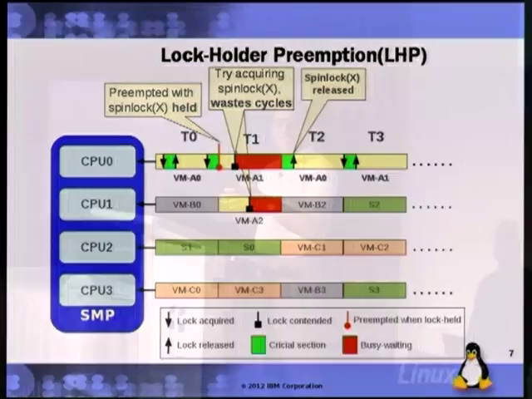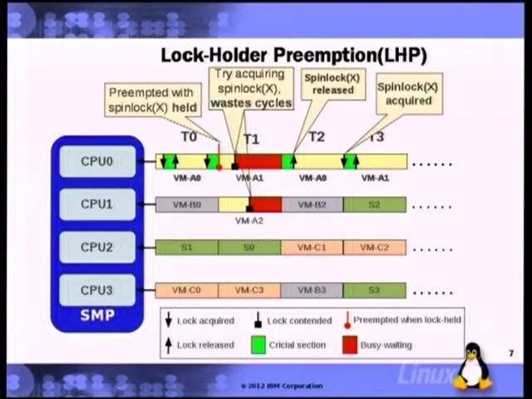But being on the same CPU, the vCPU A0 and A1 doesn't get a chance until he gets a new slice and takes the lock and releases it. So these red colored boxes here are basically showing the busy waiting.